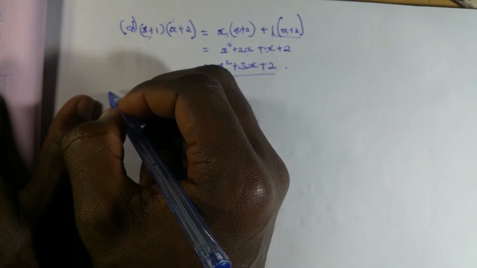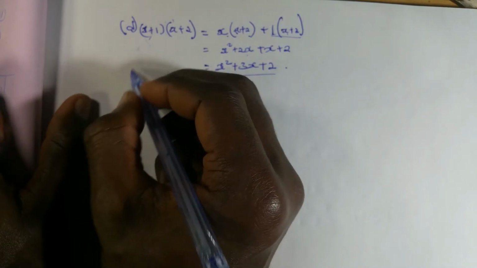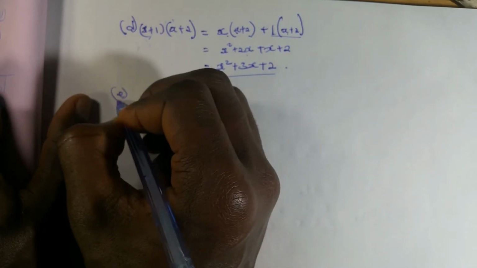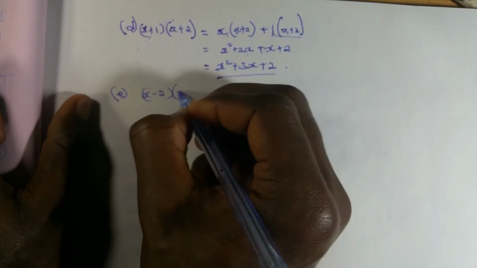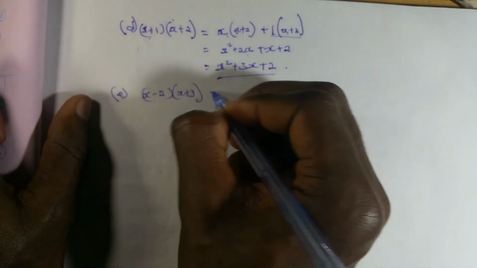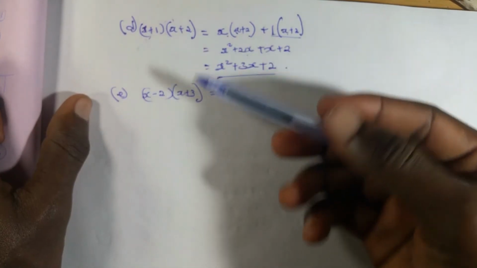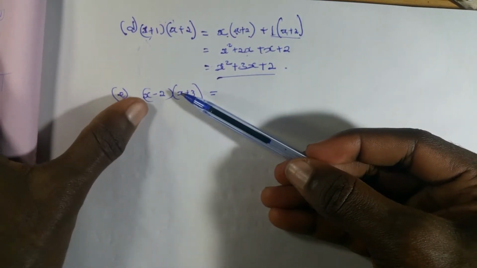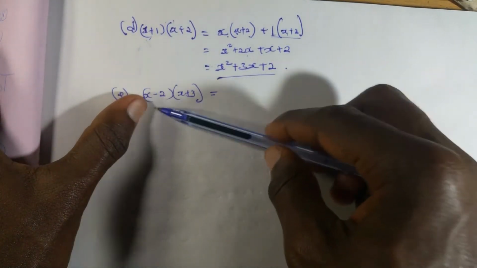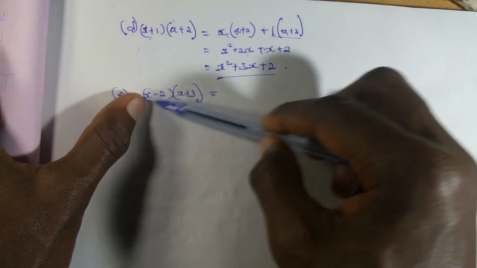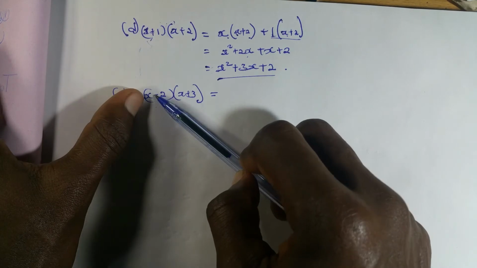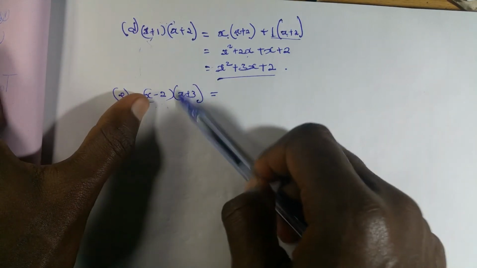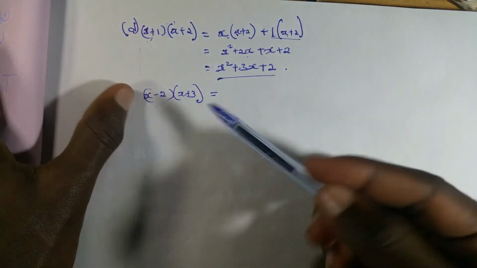Then we go to e. Let's look at x minus 2 into x plus 3. For this case, remember in our previous video, under quadratic expansions, we looked at this form when you have a bracket which has a subtraction of 2 terms and another bracket which is adding 2 terms.